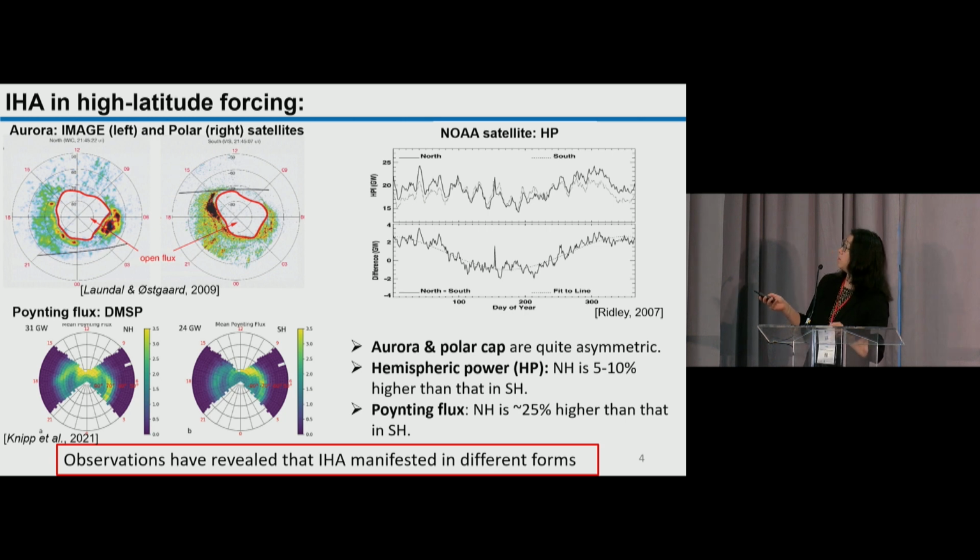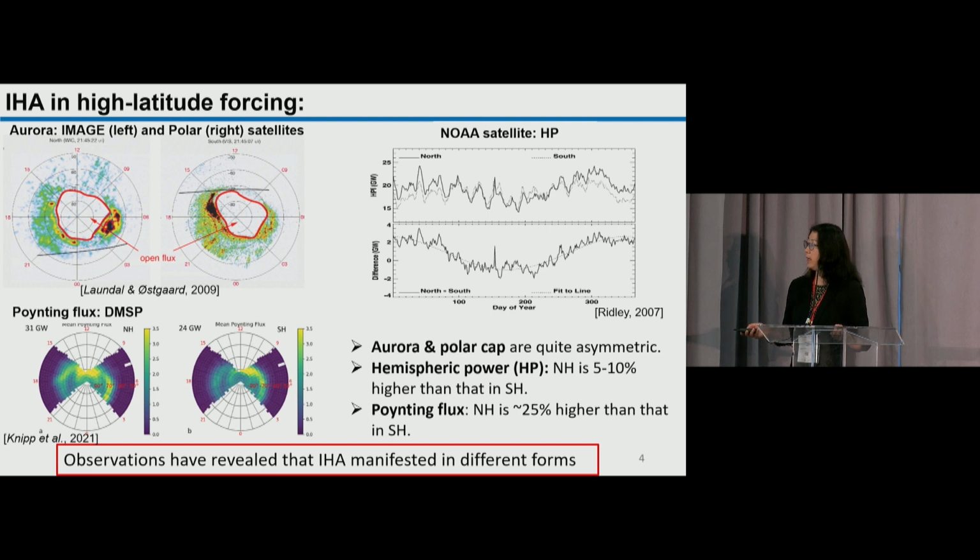The top panel shows the hemispheric power in both hemispheres, solid line northern hemisphere, dashed southern hemisphere, and the bottom line shows the difference. The difference can be negative and positive, but in general and on average, the northern hemisphere is 5 to 10% higher than the southern hemisphere.